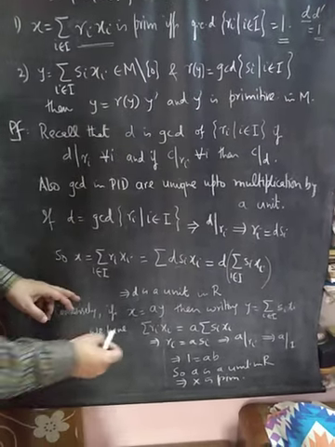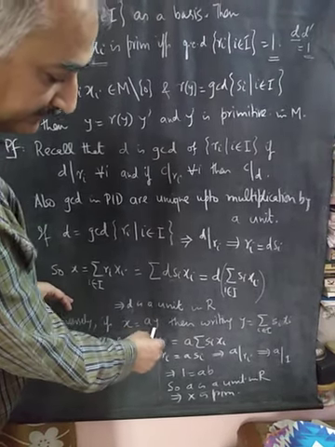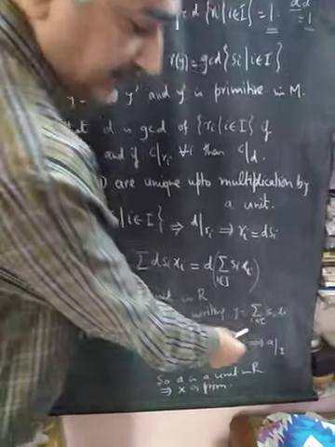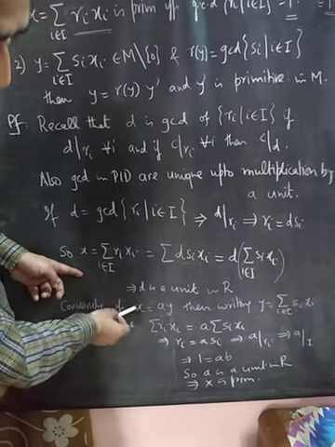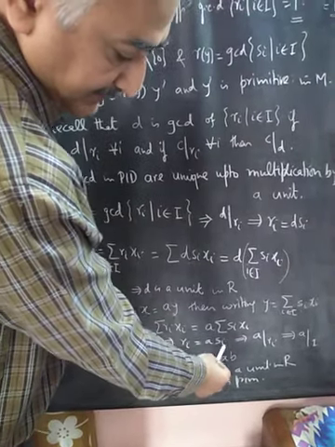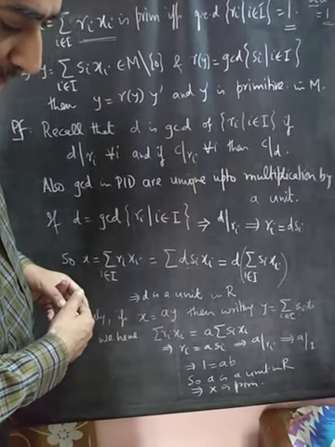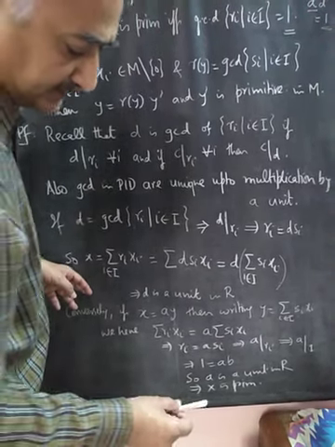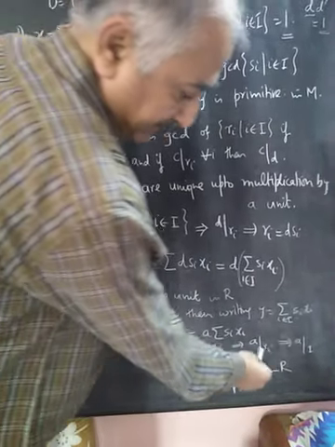Conversely, if x equals a y, then we write this y as a linear combination of its basis elements, y equal to summation over i of s_i x_i. We have that x is summation r_i x_i, which is equal to a times summation s_i x_i, and then this shows, by uniqueness of expansion of elements in terms of its basis elements, that r_i equals a s_i for every i, and therefore a divides r_i.